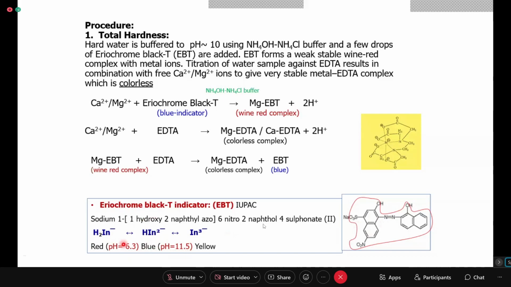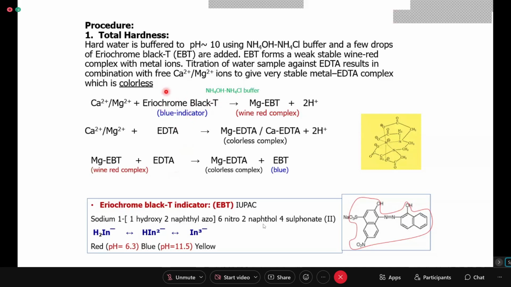You will find that it is blue in color. So most of the time when you are using it in the lab, the bottle will appear blue in color. And if you change the pH and make it highly alkaline, it becomes yellow. So this is the form of your indicator when it is prepared in water, and it is water soluble and is there in the bottle for your use. Okay, so initially this Eriochrome Black T is blue in color.